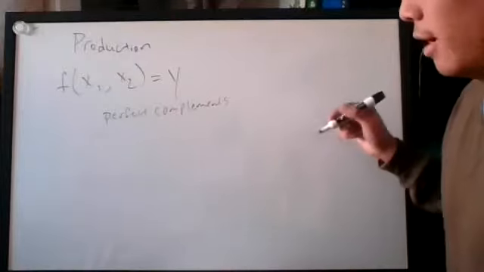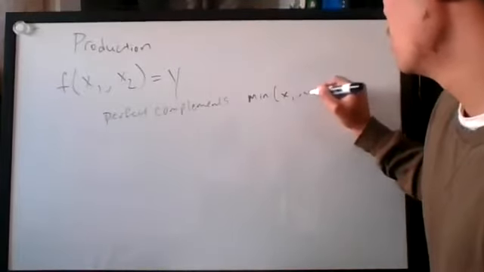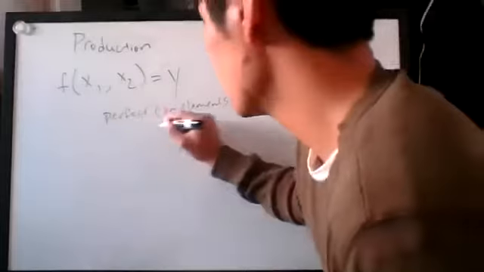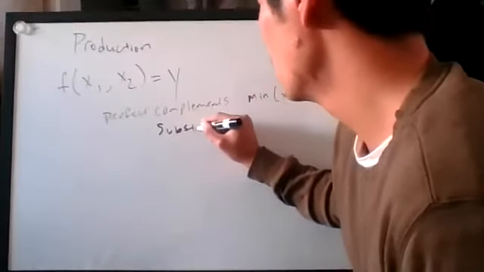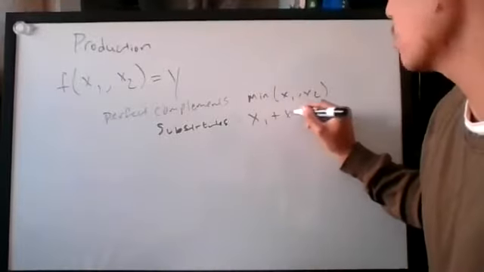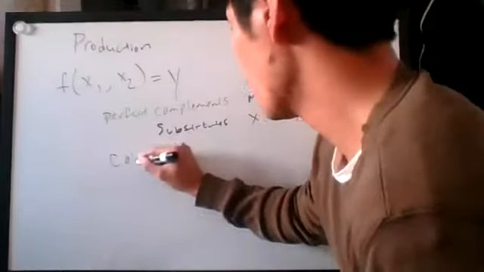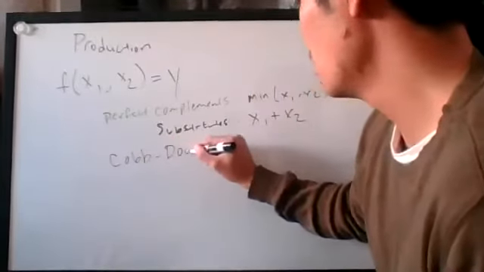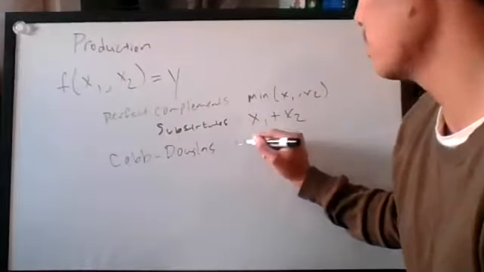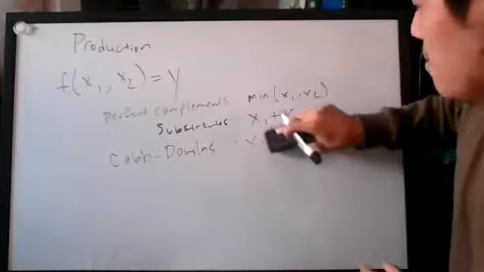So we're going to notice that this is a min function. We also have perfect substitutes, your classic x1 plus x2. And we have obviously our Cobb-Douglas, and that's going to be just x1 times x2.